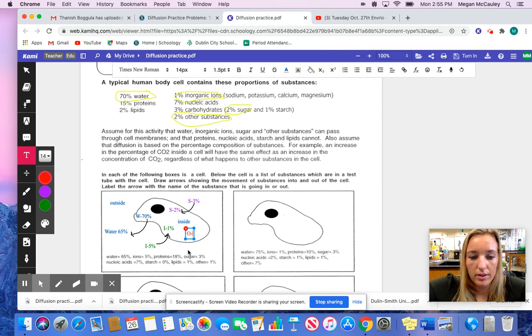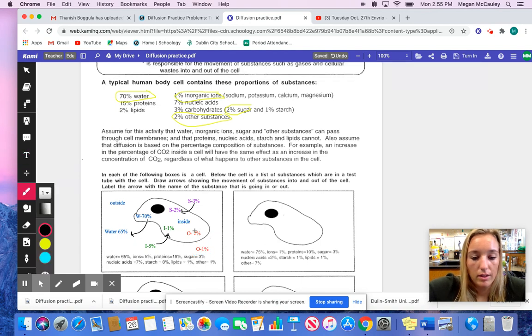So O for other, on the inside of the cell, our other substances are 2%. I get that from up here. Okay. On the outside, our others are 1%. Okay. Which one is larger? Inside of the cell is 2%, outside is 1%. So to try to even that out, it's going to shift out of the cell.